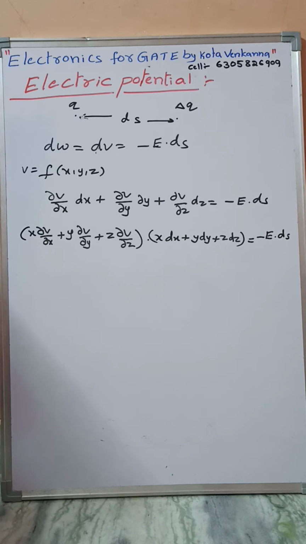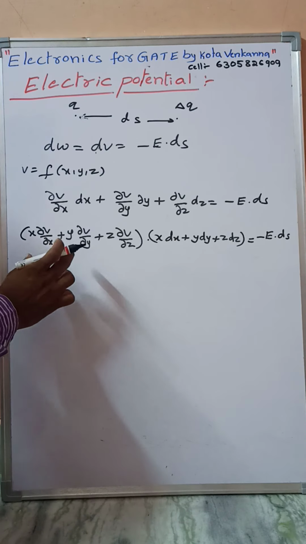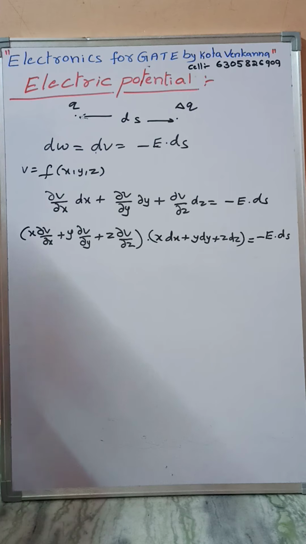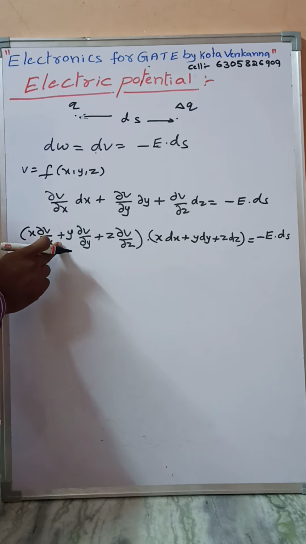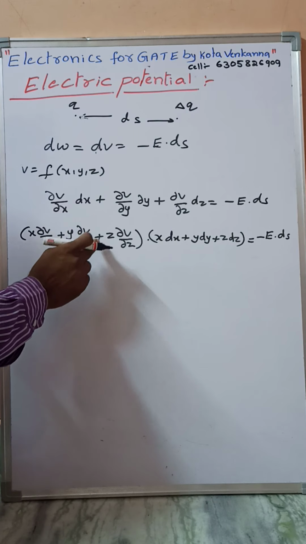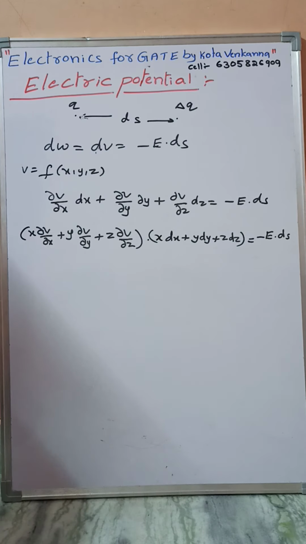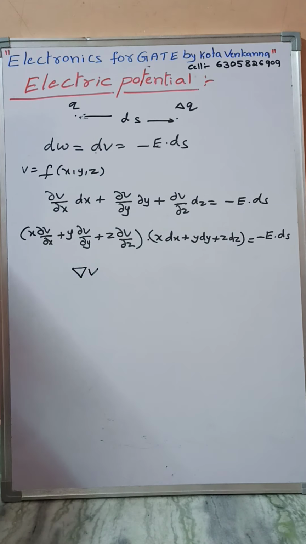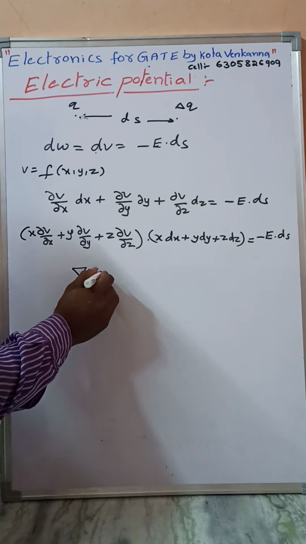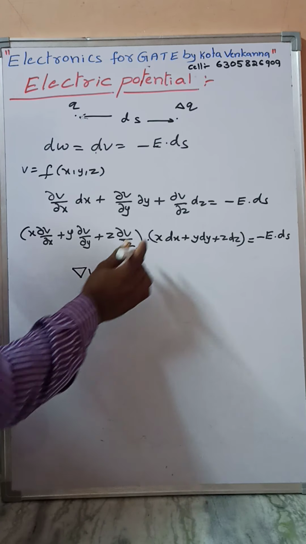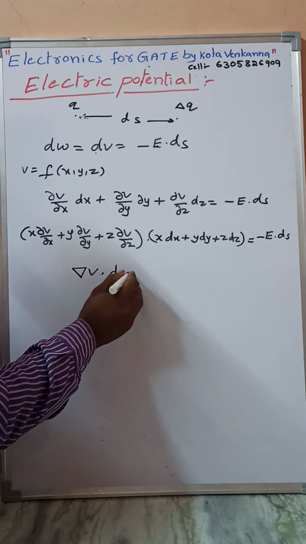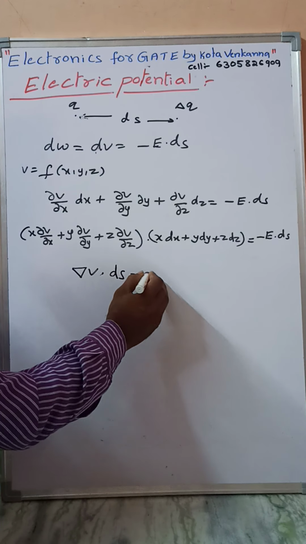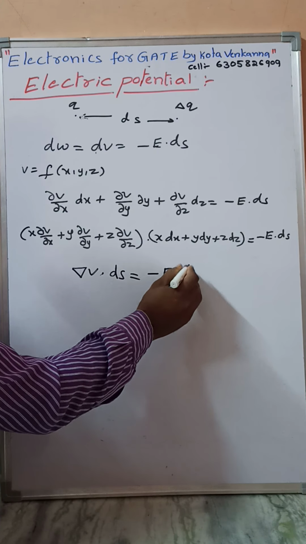This expression, x-hat dou V by dou x plus y-hat dou V by dou y plus z-hat dou V by dou z, is represented as del V. So del V dot ds is equal to minus E dot ds.